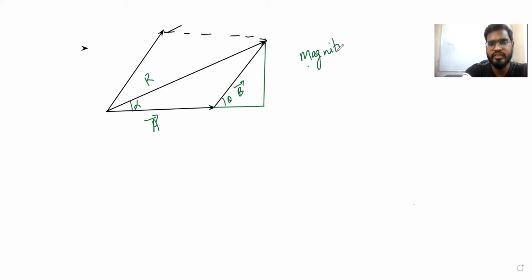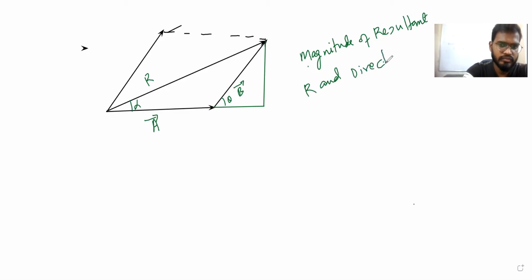So the magnitude of resultant R and the direction alpha, we will find basically. Okay, fine. So actually this was B. I just took this B here for our convenience.